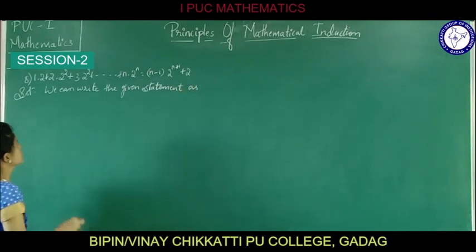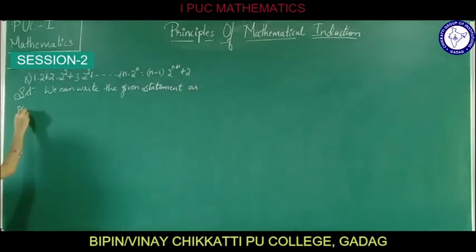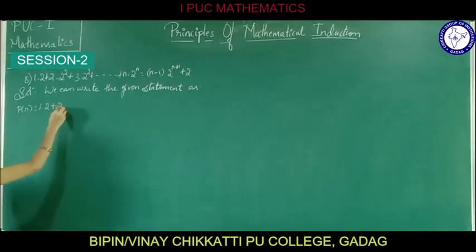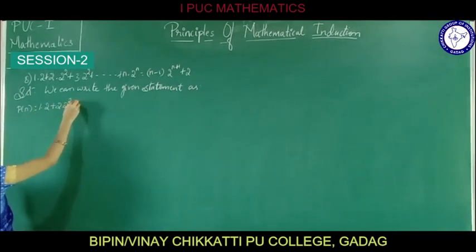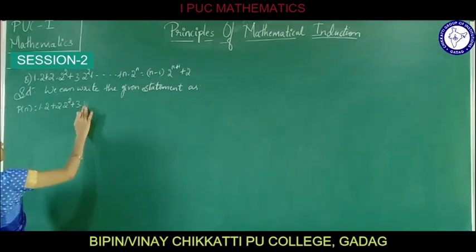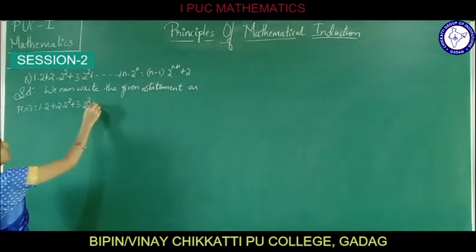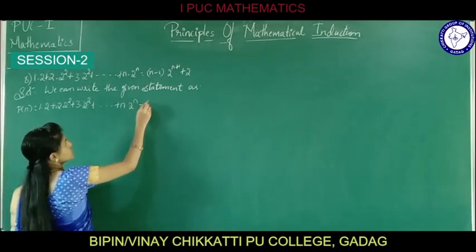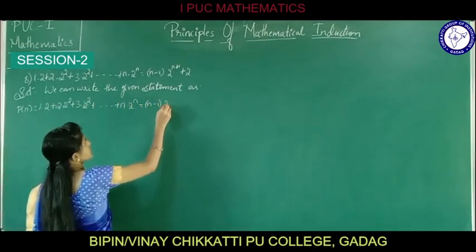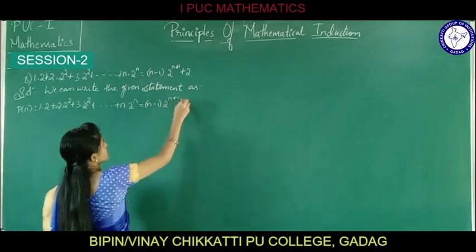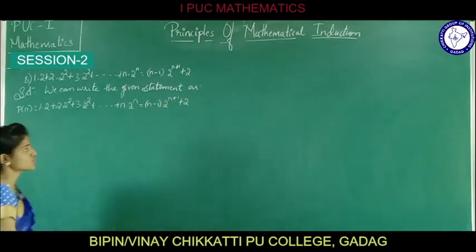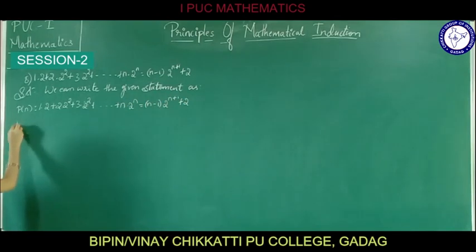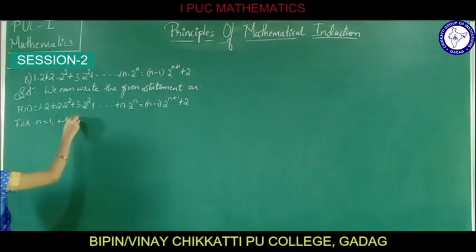We can write the given statement as P of n such that 1 into 2 plus 2 into 2 square plus 3 into 2 square plus so on up to n into 2 raised to n is equal to n minus 1 into 2 raised to n plus 1 plus 2. For n equal to 1, what do we get?